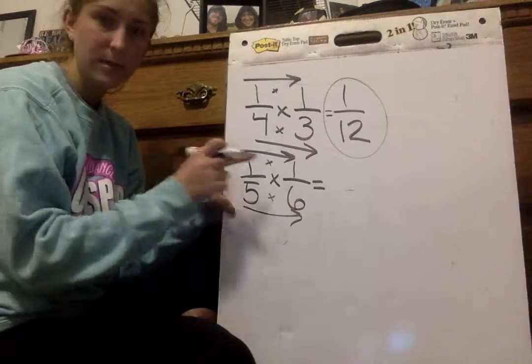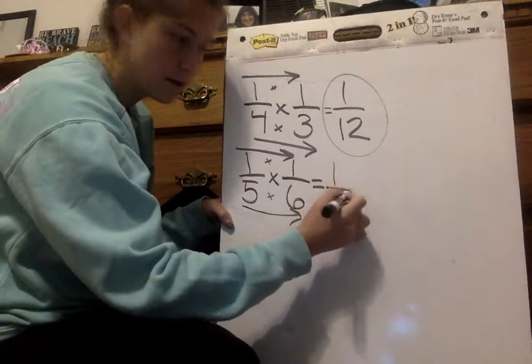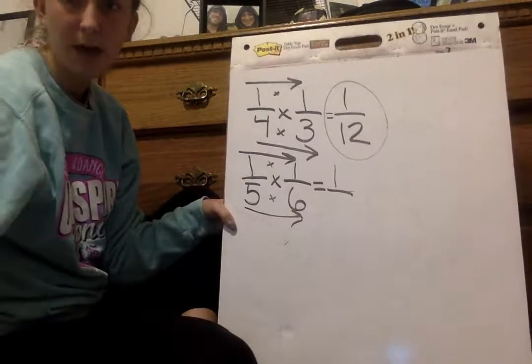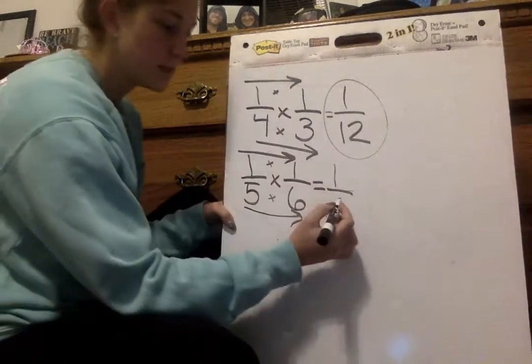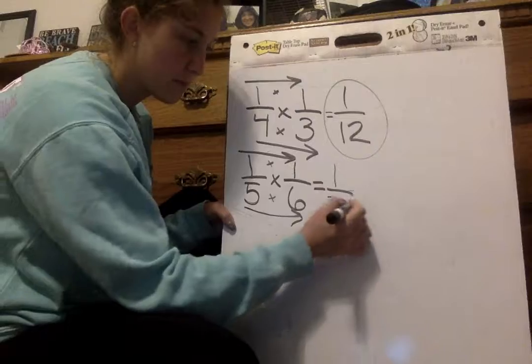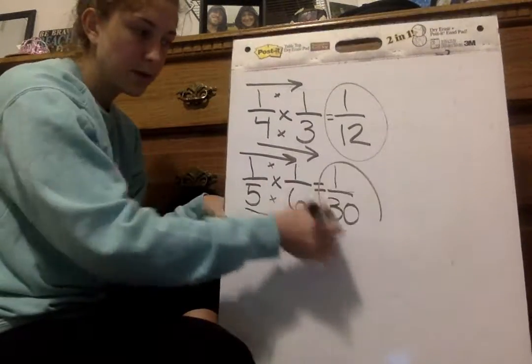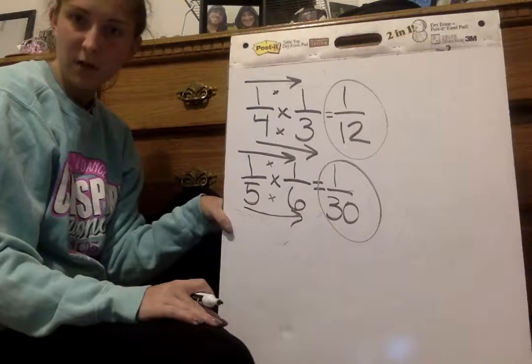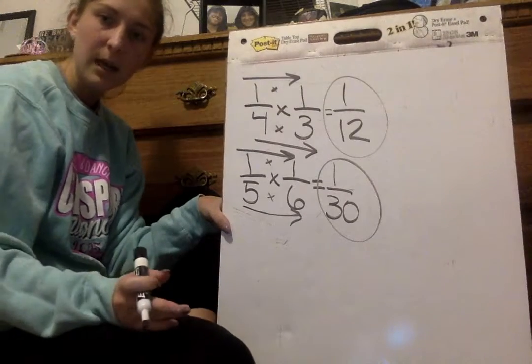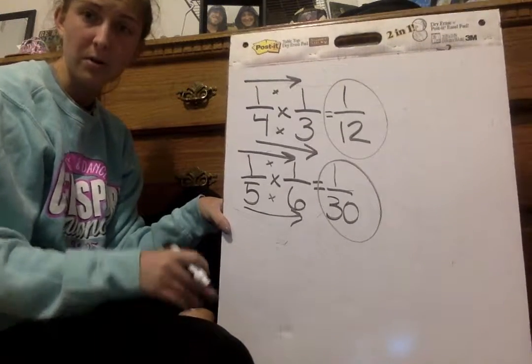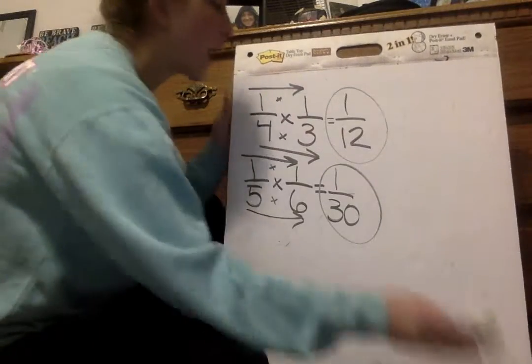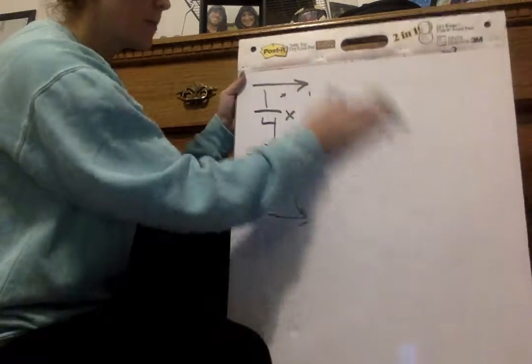I know 1 times 1 is 1, and I know that 5 times 6 is 30. Therefore, the answer to this problem is going to be 1/30. Now, what happens when we get into harder numbers and even bigger numbers or bigger fractions? So let's look at a couple of those.